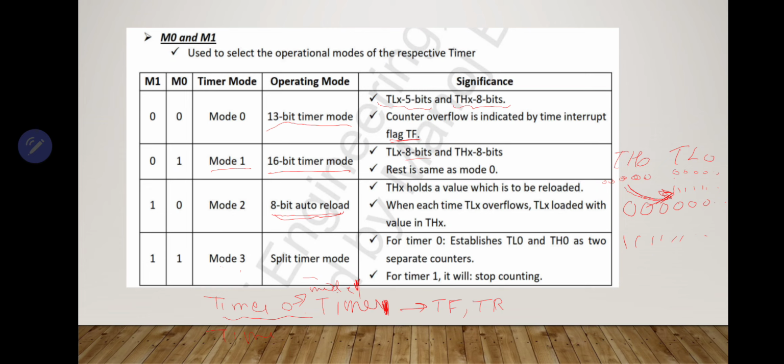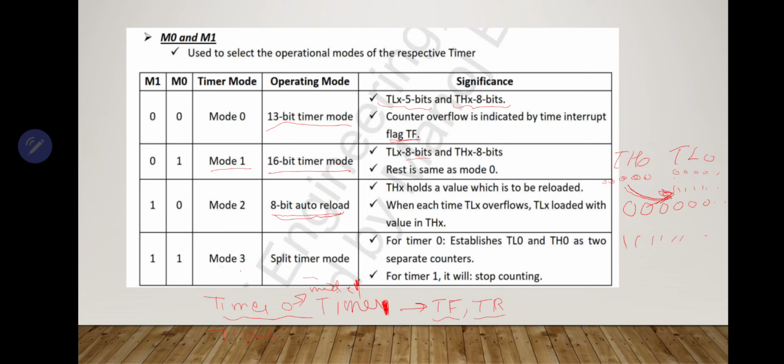If timer 0 works in mode 0, mode 1 or mode 2, then timer 1 is not working anymore. Timer 1 is used to control timer 0, that is to stop counting and start counting. Timer 1's responsibility is looking at the TF and TR bits of timer 0. This is called split timer mode.